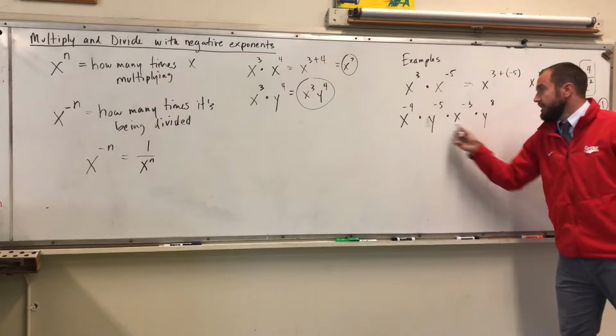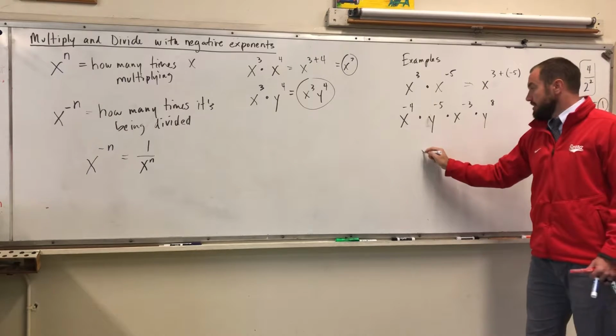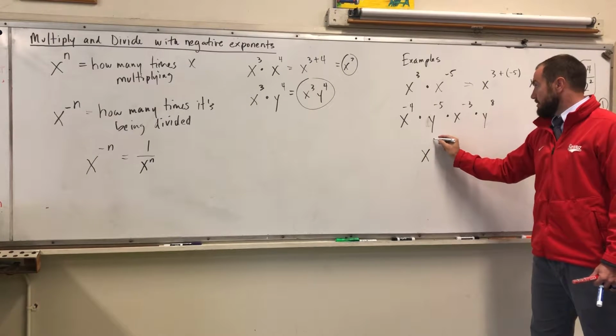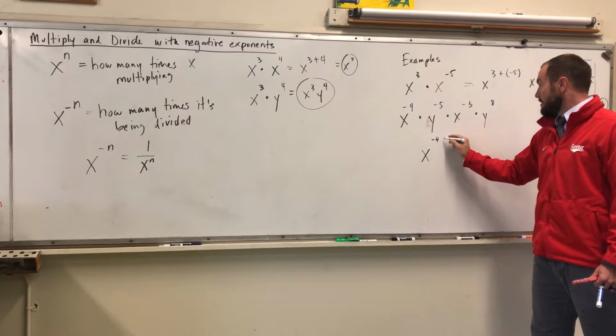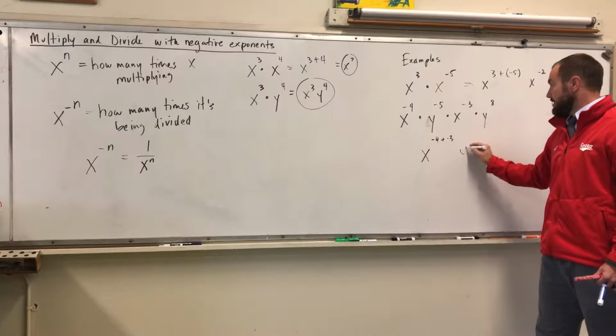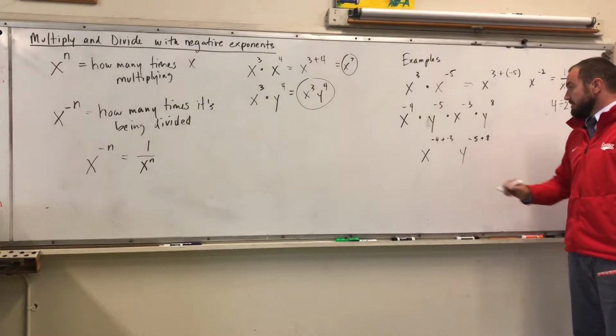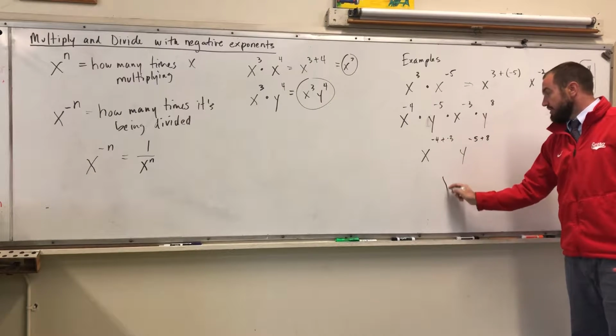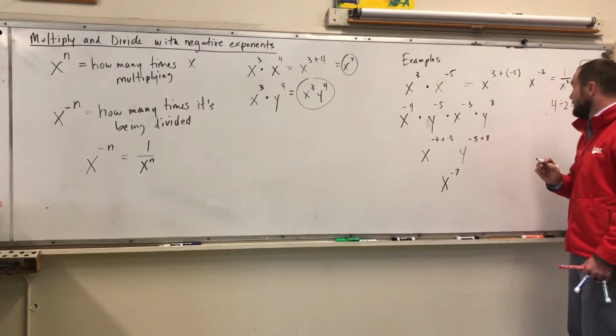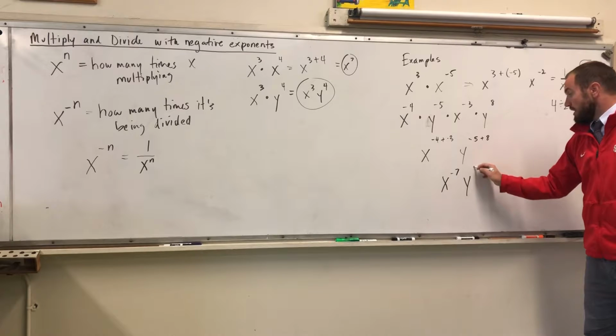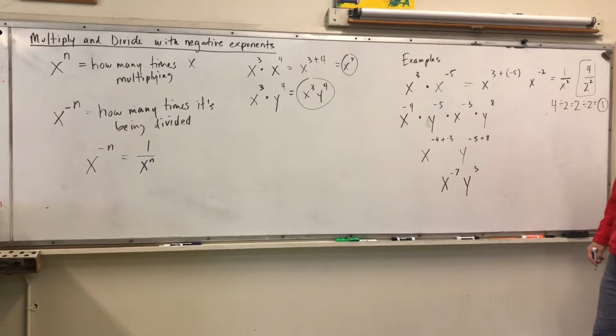Here we have two different variables with exponents. Basically what I like to do is look at, okay, I'm doing negative 4 plus a negative 3, where my y is a negative 5 plus an 8. And I'm simplifying here. x to the negative 7, y to the positive 3.